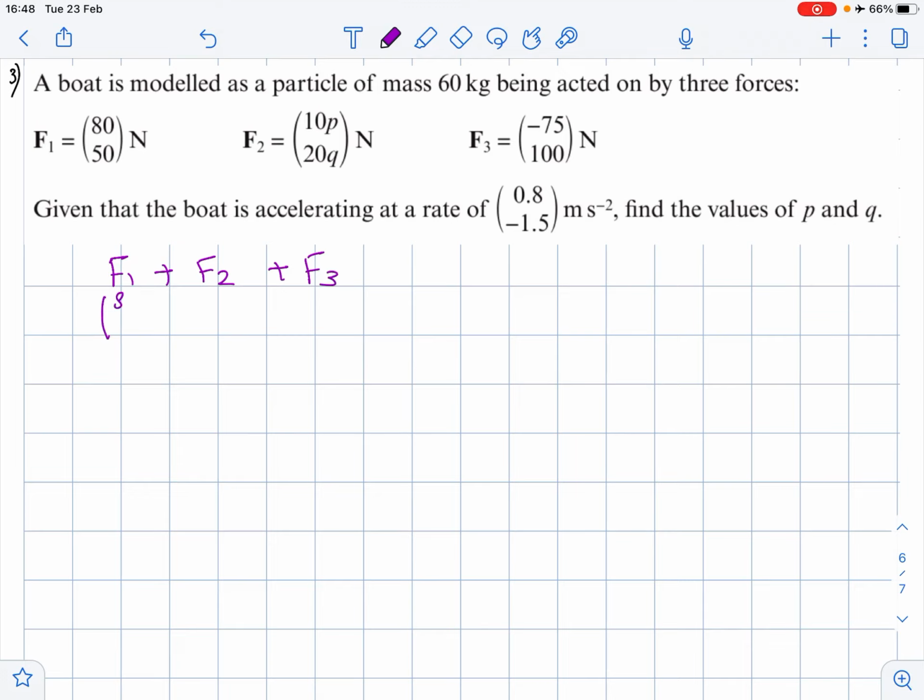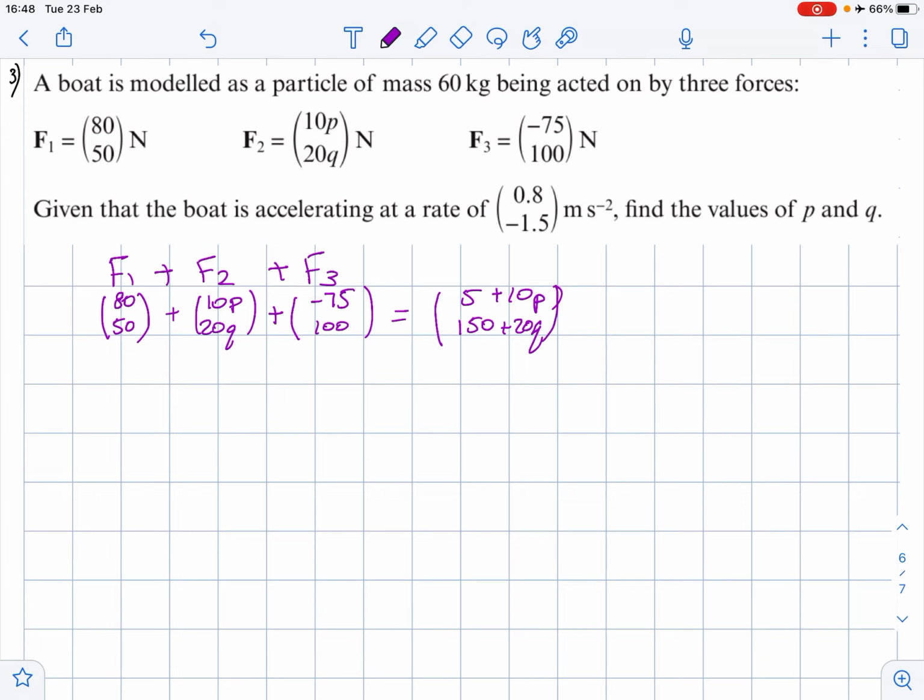Force 1 is (80, 50), force 2 is (10p, 20q), and force 3 is (minus 75, 100). Adding them all together, 80 plus 10p minus 75 equals 5 plus 10p, and 50 plus 20q plus 100 is the same as 150 plus 20q.